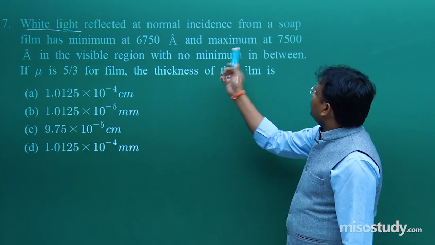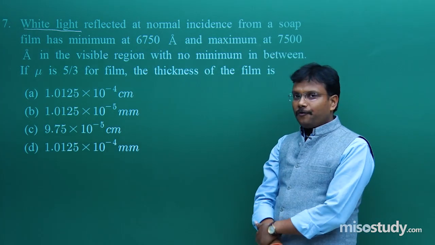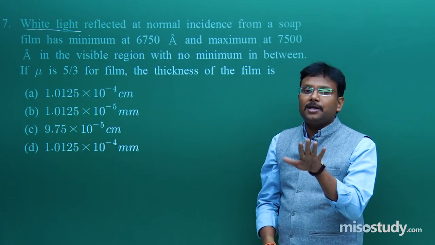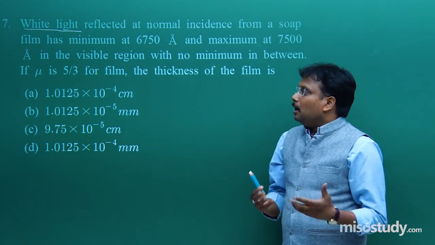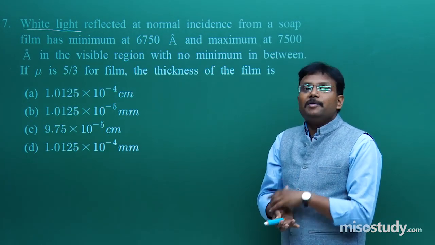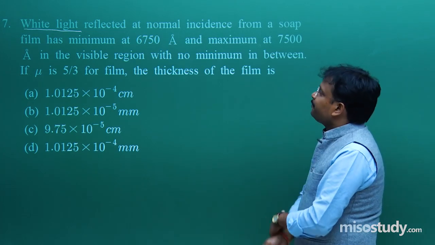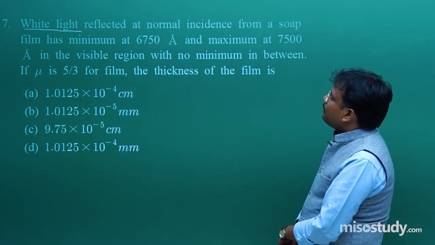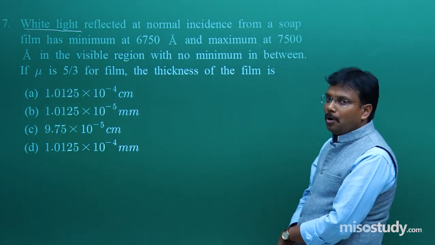Now, it is reflecting from a soap film. So obviously, this question is associated with the interference pattern. It has a minimum at 6750 angstrom.